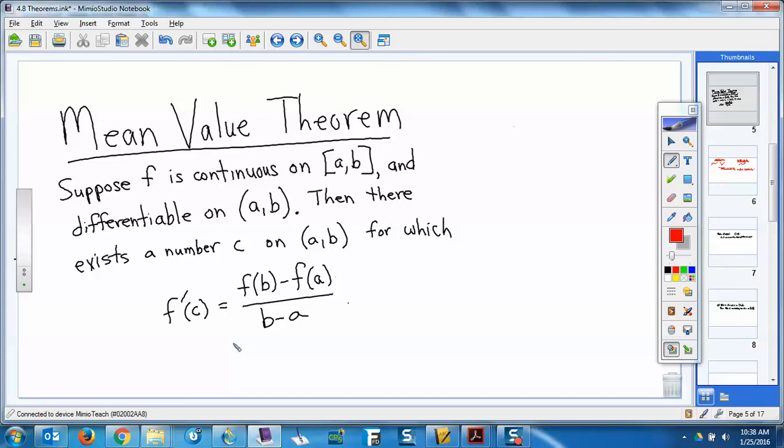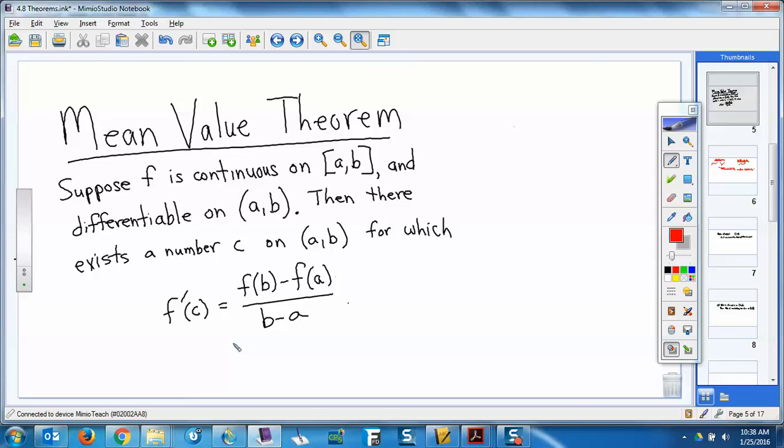We need the function to be continuous all the way through, including the endpoints, but we only need the function to be differentiable between a and b, not at the endpoints. Okay? So that's why there's that. And so there exists some number c on (a, b), so in other words, c can't be one of the endpoints. It's got to be between. Okay? For which this is true.